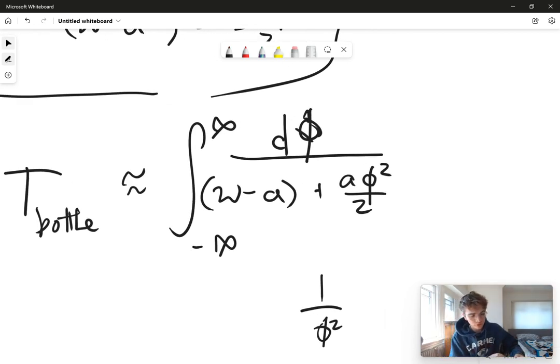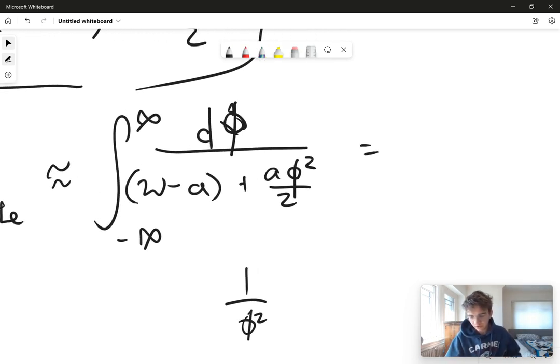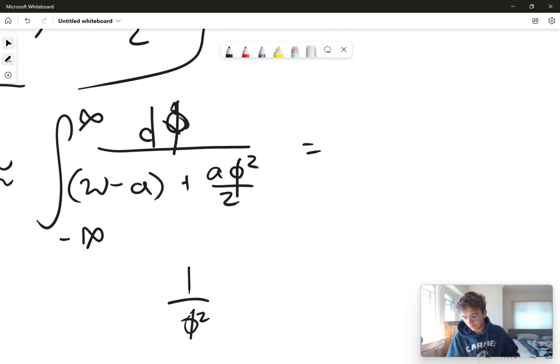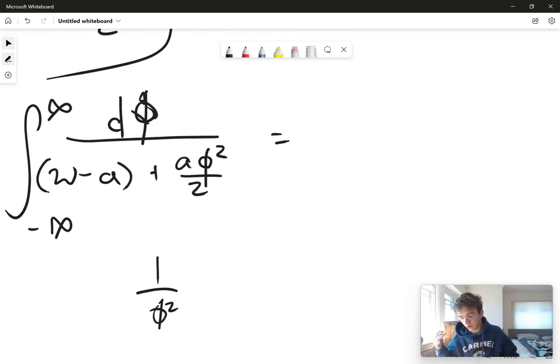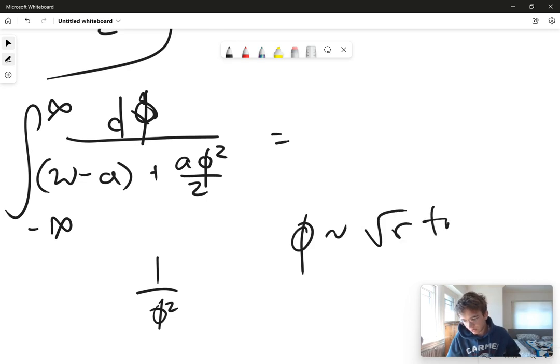I'm not going to write out the final result of this integral, so I'll fast forward all the integration steps. It's a trig substitution that you need to know, something like root r tangent of some other variable. So there's some trig substitution involved in this integral.